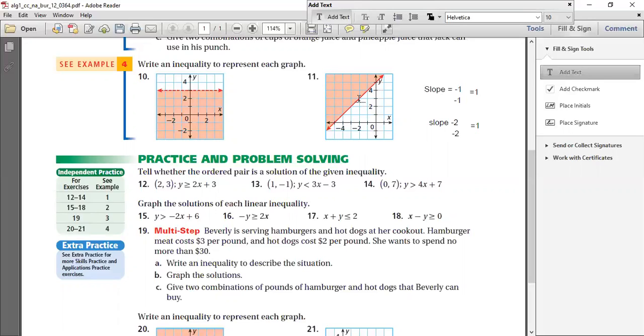Now let's choose another point. Let me come to this point here. From the y-intercept to reach this point, how many squares do I need to move? I'm going to the left again: 1, 2, 3, 4, 5. So I went 5 to the left. What does that mean?